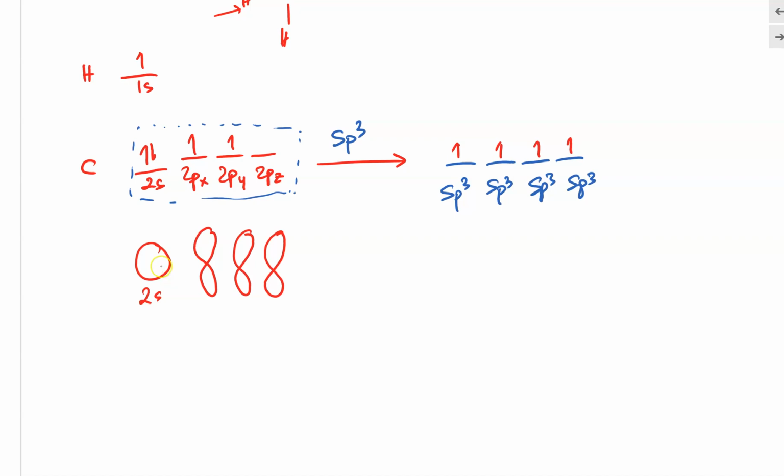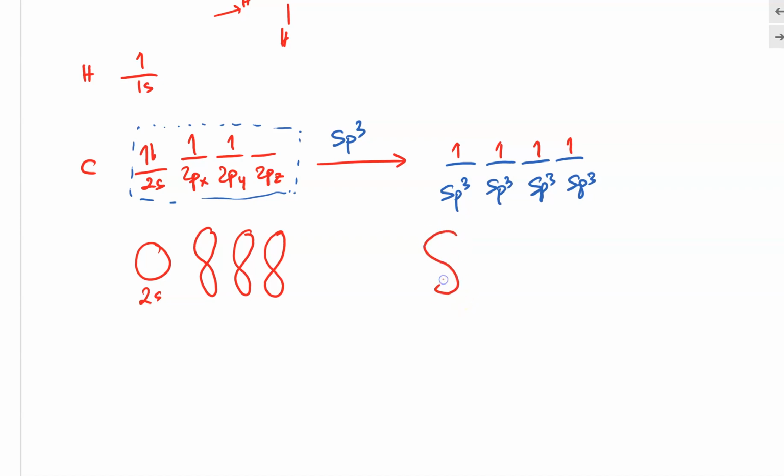But now, after these orbitals have fused together and undergone hybridization to produce the hybrid orbitals, these hybrid orbitals have characteristics of both the s and the p orbital. Each of them looks like this: they have a big lobe and a smaller lobe. That's what each sp3 orbital looks like. Maybe let me draw this a little bit better.